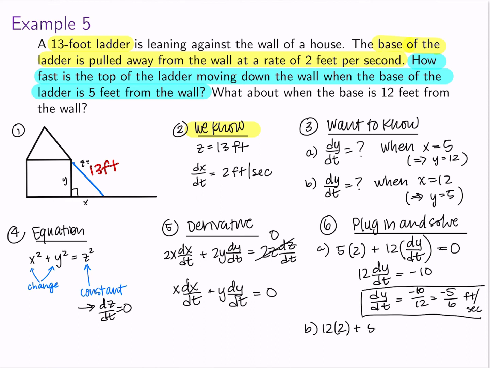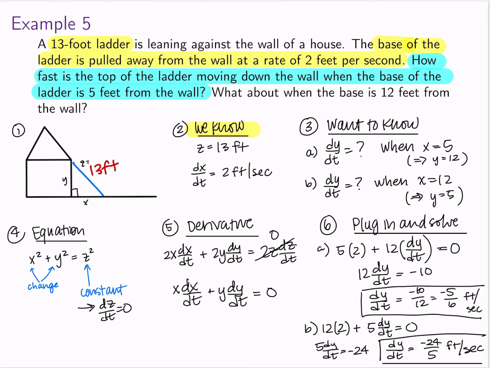So I'll get 5 dy/dt equals 0. So 5 dy/dt is negative 24. So dy/dt is negative 24 over 5 feet per second. Okay.